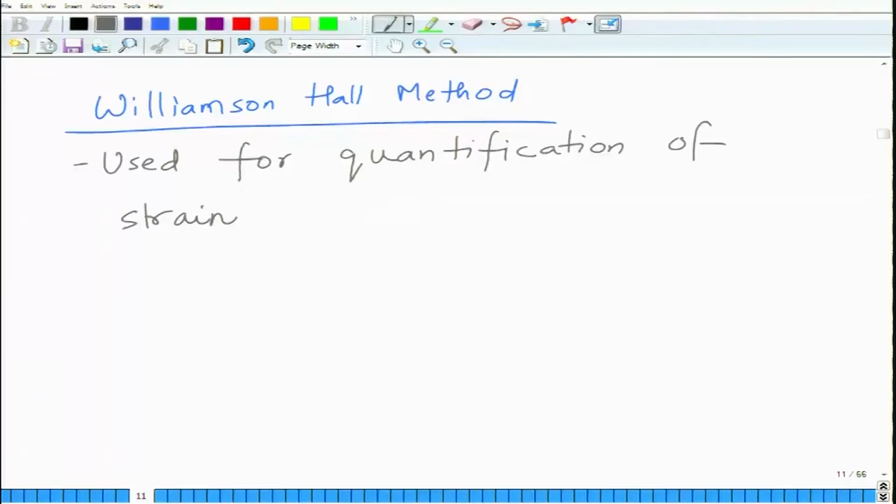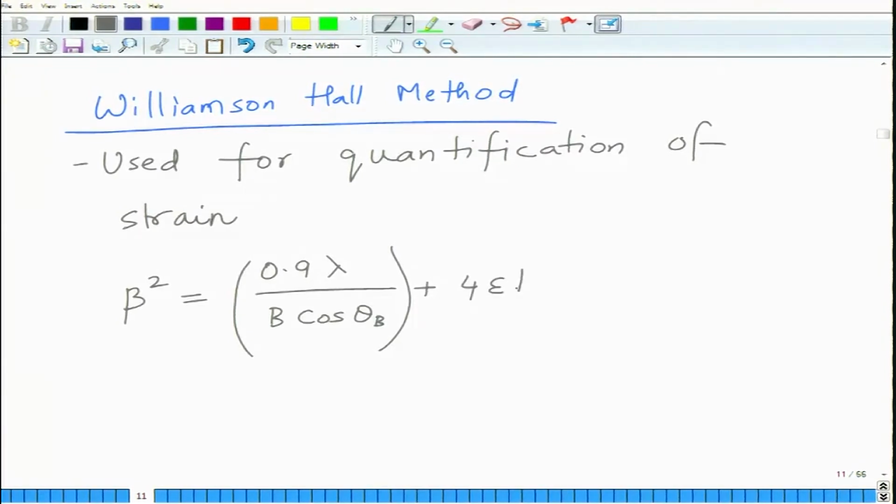Okay. So, it turns out the overall broadening, beta square, if I express this as beta, then this overall broadening beta square is represented as 0.9 lambda divided by B cos theta B plus 4 epsilon tan theta square plus beta naught square.